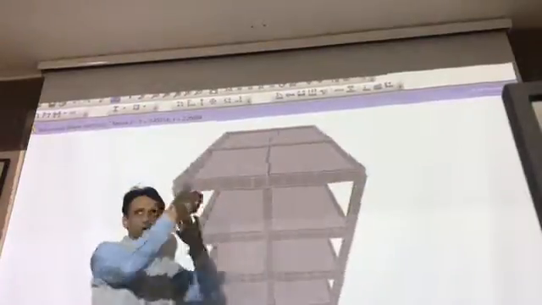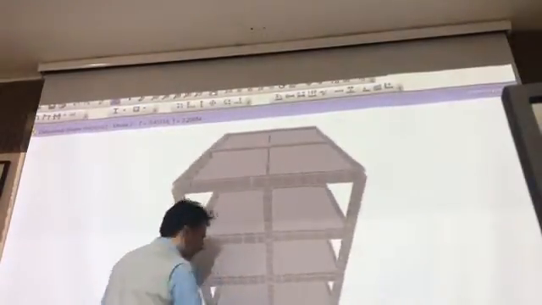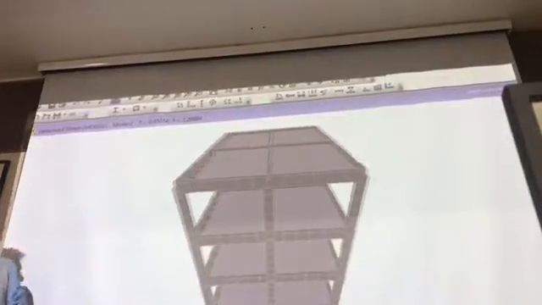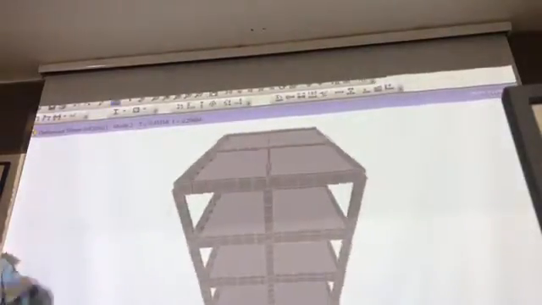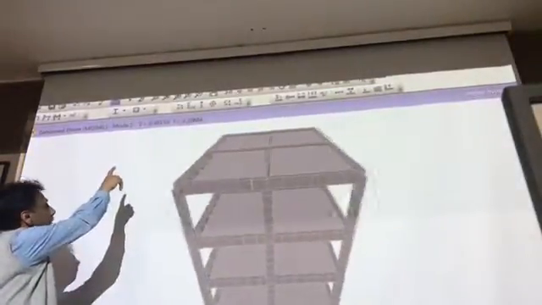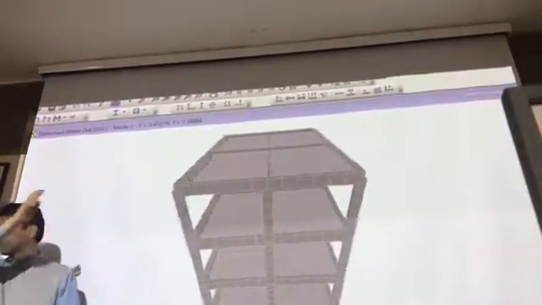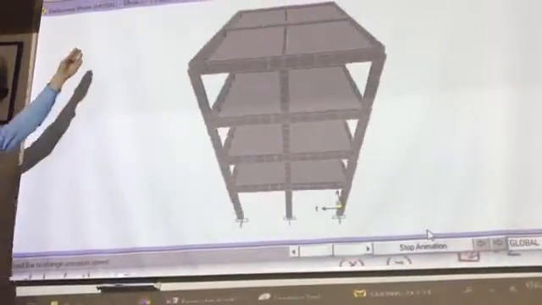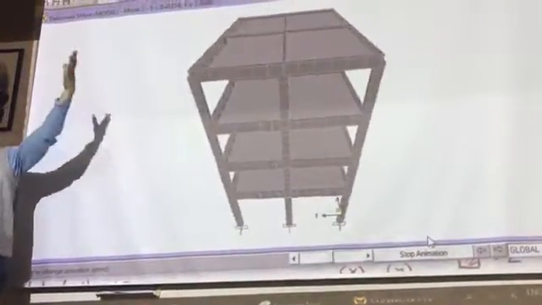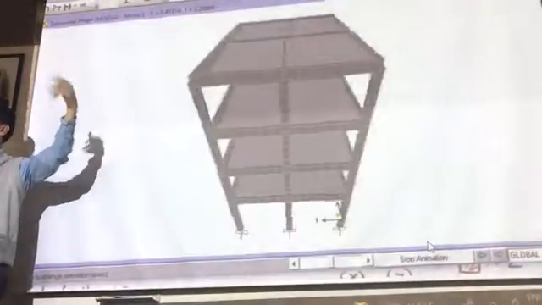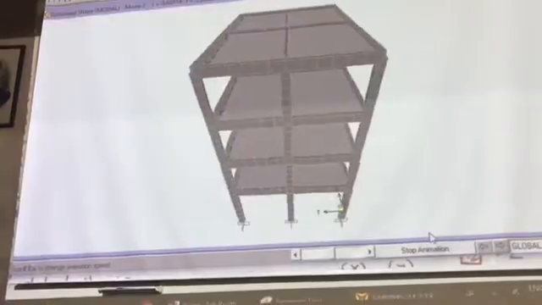We also have some torsion because the stiffnesses of these columns are larger than the other columns over the other part. Okay, this is the second mode, and it's 0.45, very similar to X. These are periods, and using these periods you can calculate equivalent earthquake loads over the structure.